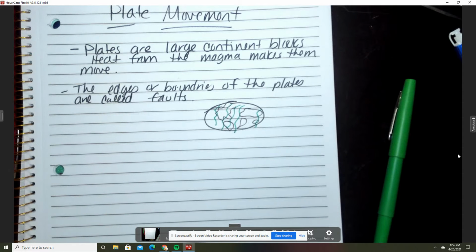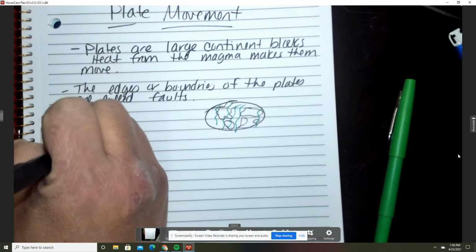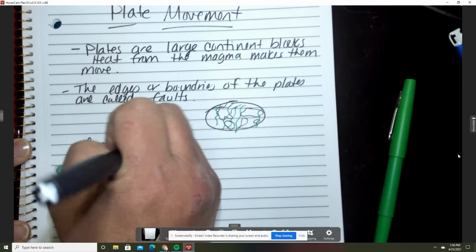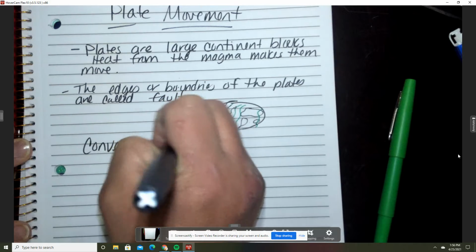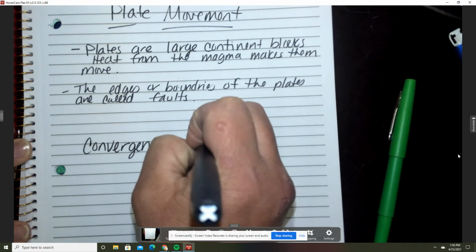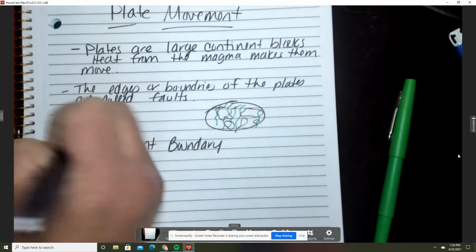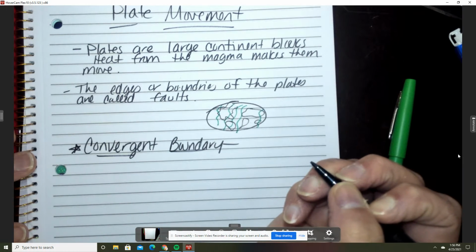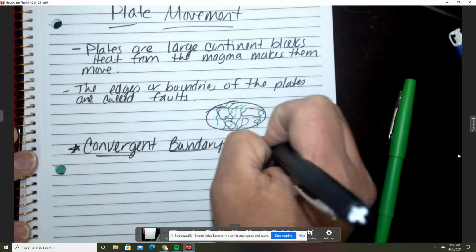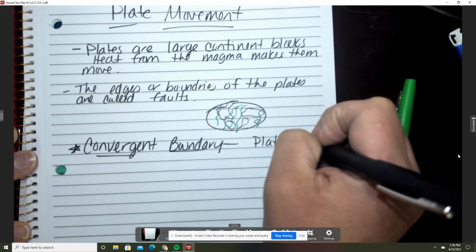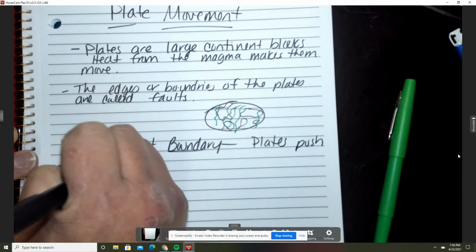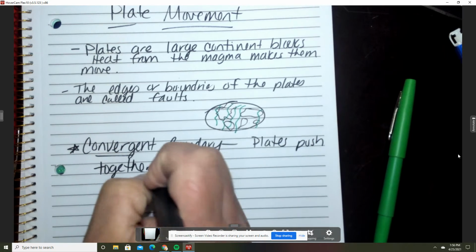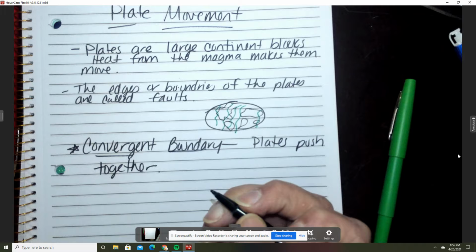Okay, so the first one is a convergent boundary. So this one is where the plates push together. Convergent pushes together.